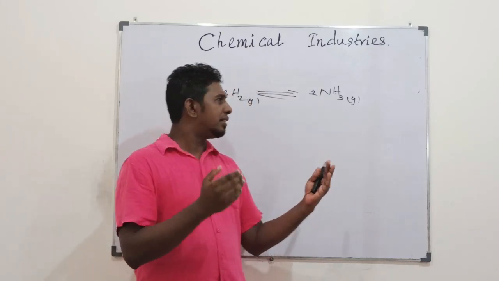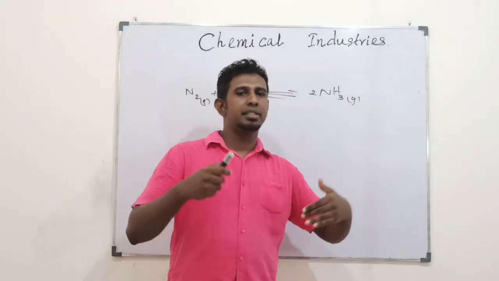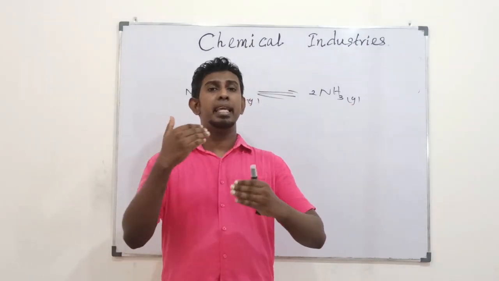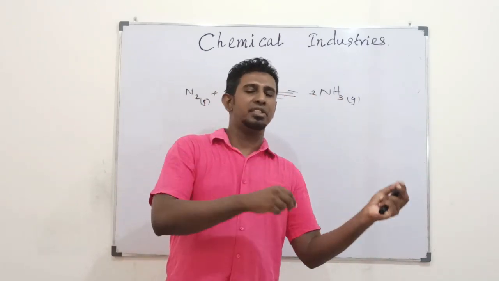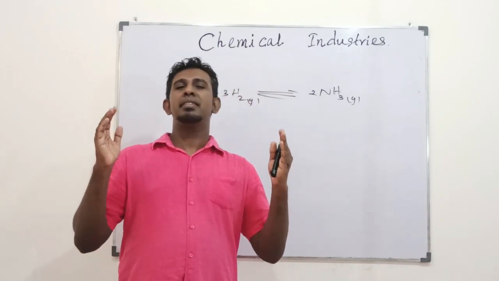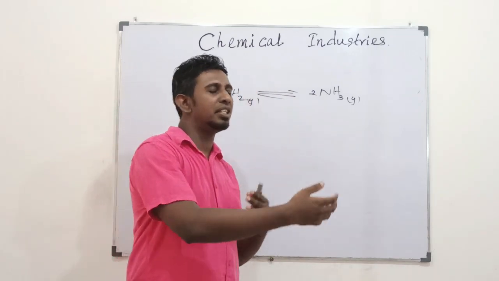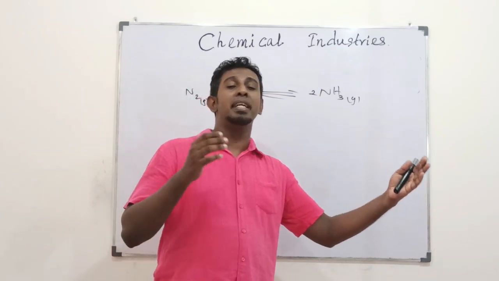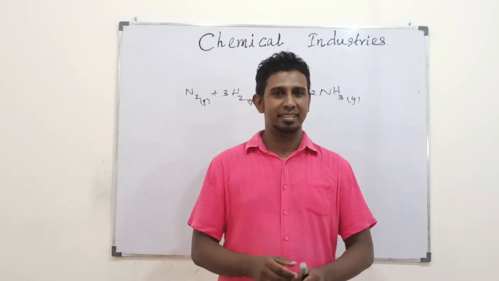During this reaction, N2 and H2 react, giving you NH3. So raw materials get changed; their chemical nature gets changed. In some industries, you would find raw materials getting changed into products. In the products, you wouldn't have the same raw materials that you provided.